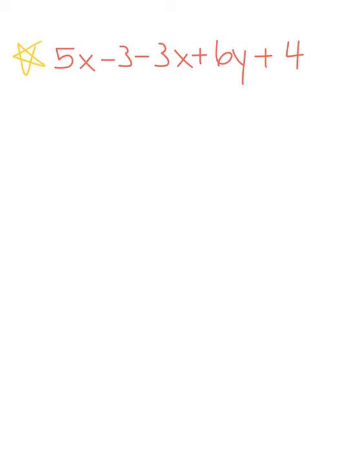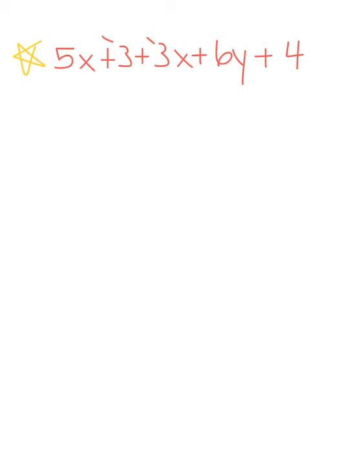So I'm going to change my minus 3 or subtract 3. I can keep my 5x the same, change this to addition, and my positive 3 becomes a negative 3, the opposite. And the same with the next one. Keep the number in front the same, change to addition, and add that negative symbol. So we really have a 5x plus negative 3 plus negative 3x plus 6y plus 4.